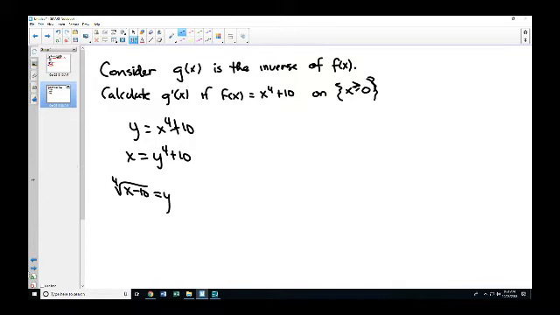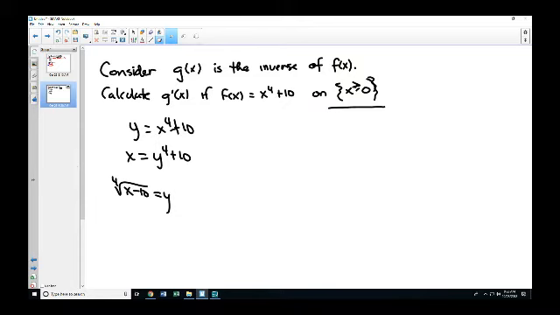Normally we would have to put the plus or minus out front, but since we have a restriction to the positive x's, we don't need to worry about that. If we didn't restrict it, we would have two different functions and two different derivatives.